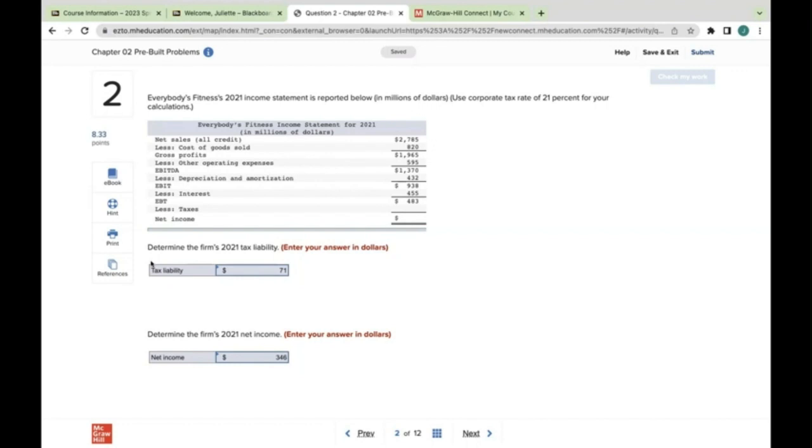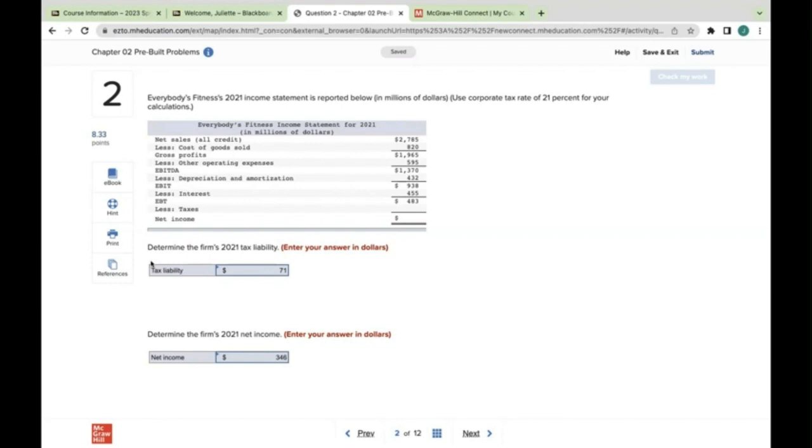If you subtract interest first, then you arrive at EBT. And what is EBT? It's earnings before taxes. Think about it: if you are facing earnings before taxes, that's your taxable income. So you apply the 21% rate they gave you, and then you will find your taxes.